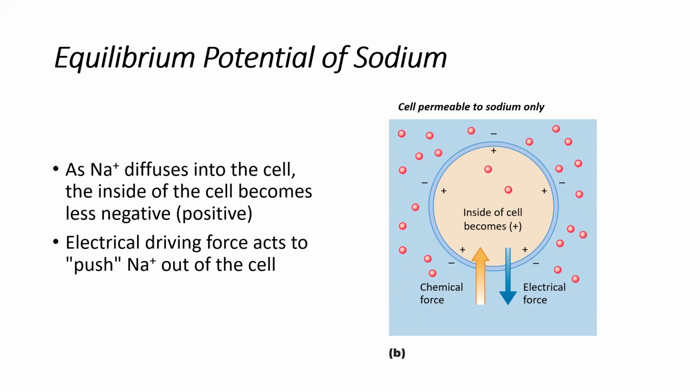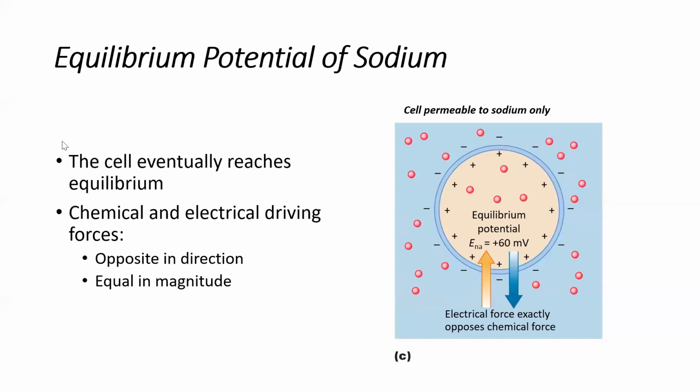Because we have sodium wanting to get to the negative environment on the outside of the cell, we have an electrical force acting in the opposite direction, okay? So a chemical force trying to move it into the cell, an electrical force trying to move it back out of the cell where it can be attracted to the unopposed negative charge that is created by the chloride that is remaining outside the cell, okay?